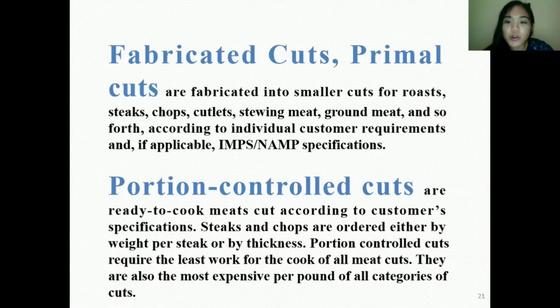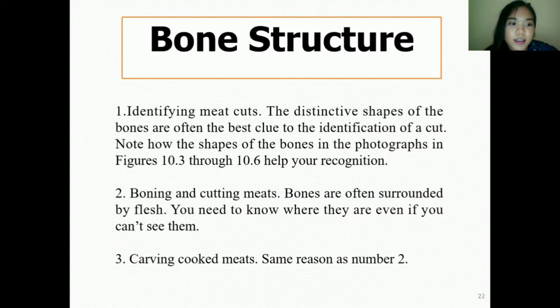Steaks and chops are ordered either by weight per steak or by thickness. Portion controlled cuts require the least work for the cook of all meat cuts. They are also the most expensive per pound of all categories of cuts, as they are selected specifically for portion control.